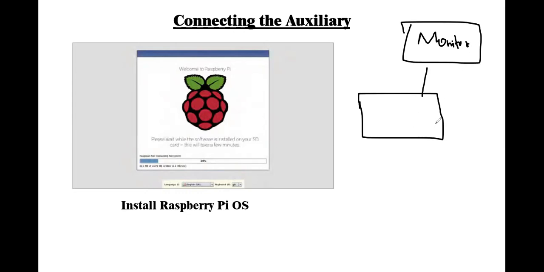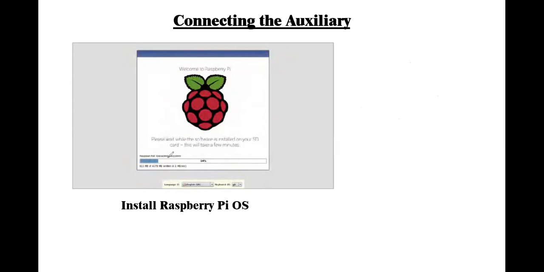We have a keyboard here, mouse here, and then an SD card attached here. So we are navigating with the Raspberry Pi through the SD card. We are installing the system by using our mouse and keyboard. Right now, it will be installed.